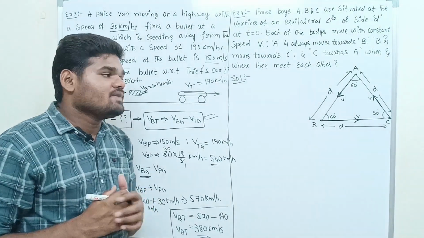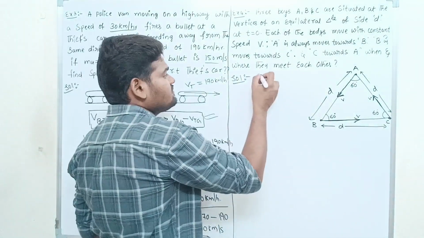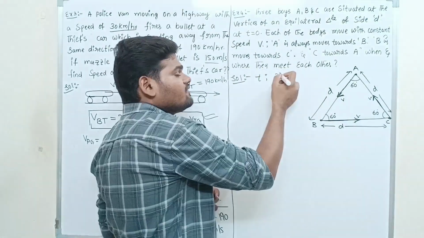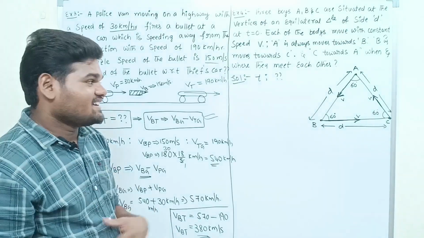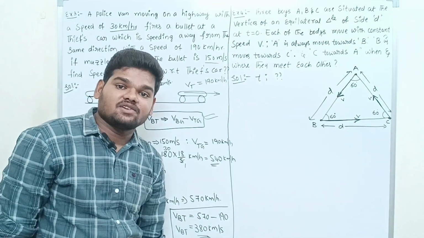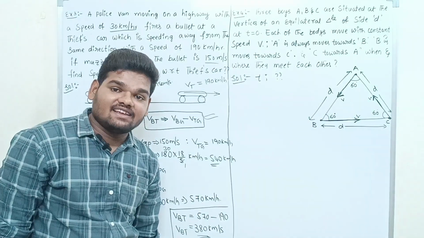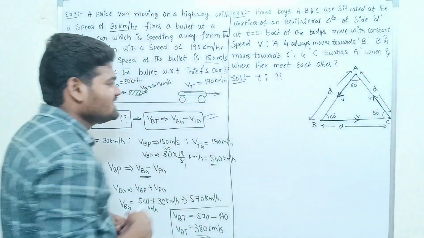When and where they meet each other: the time, and at what point they meet. They are asking these two questions. Okay, right. Pause the video and try the solution. 3, 2, 1, go.